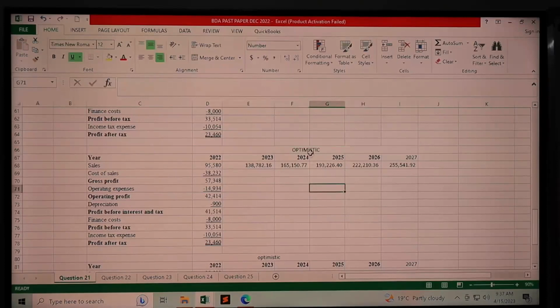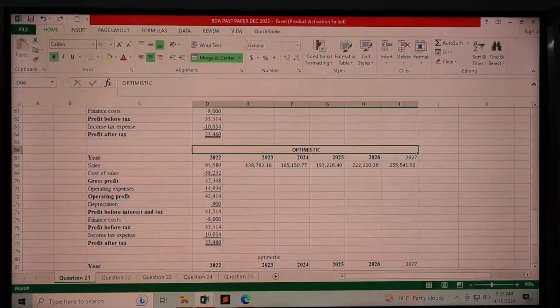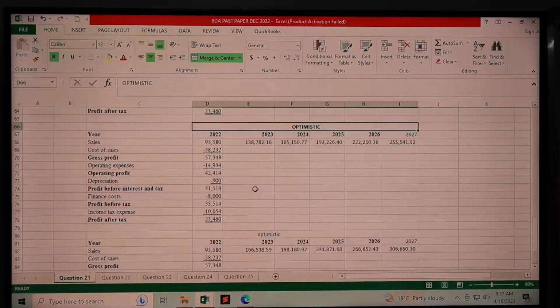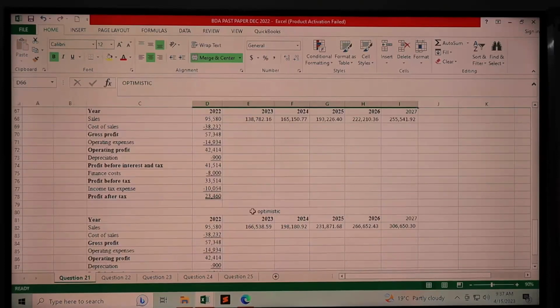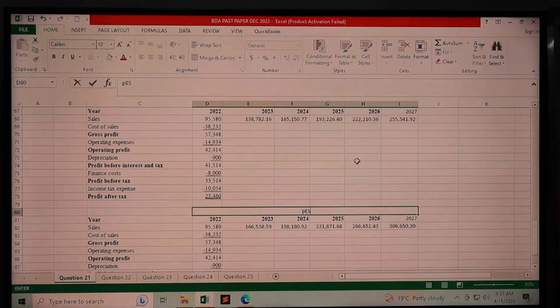Then you perform that. Then finally, you're going to run the last case, that is pessimistic case. And here, you write that last case, pessimistic.